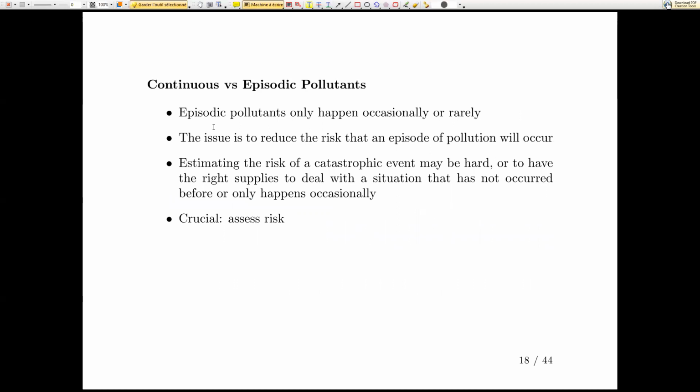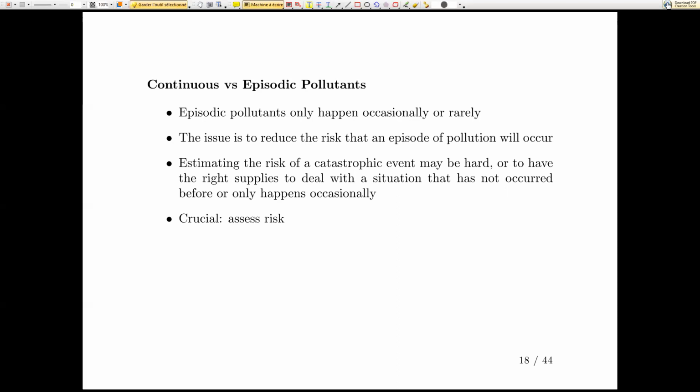So episodic pollutants only happen occasionally or rarely. That choose to reduce the risk that pollution will occur. And of course, now I'm talking about pollution, but it's a larger thing, right? It's environment economics, but what is environment?